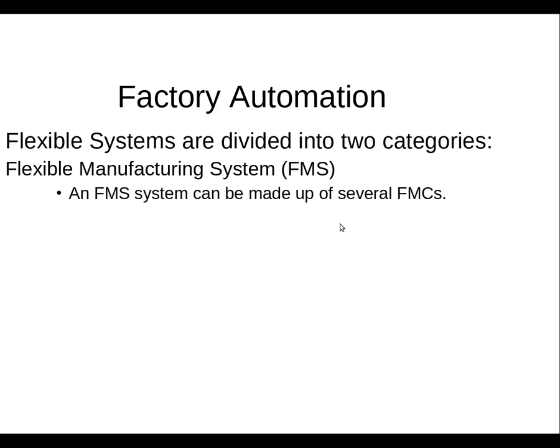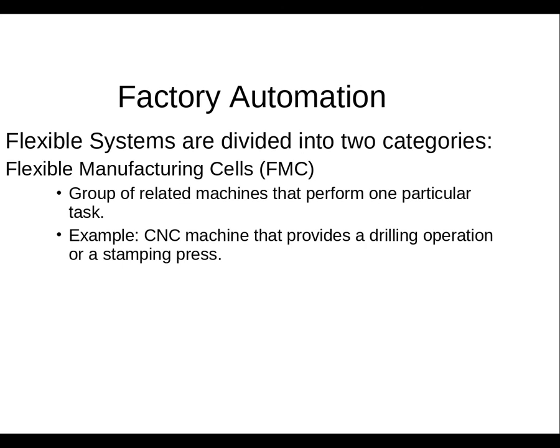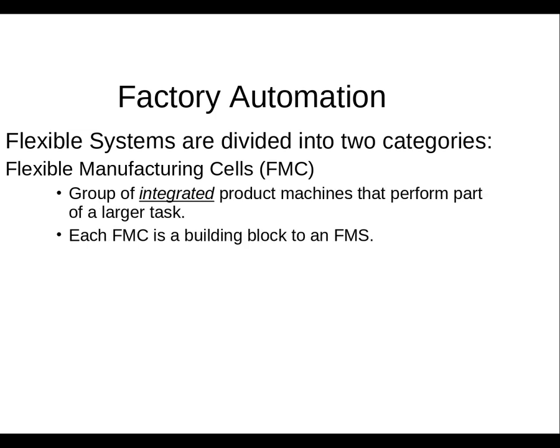And so the flexible manufacturing system is talking about the entire system, and we're going to build that up with smaller work cells, or flexible manufacturing cells. A CNC machine with a robot loading it would be a flexible work cell. So each flexible manufacturing cell is the building block to the complete flexible manufacturing system, FMS.